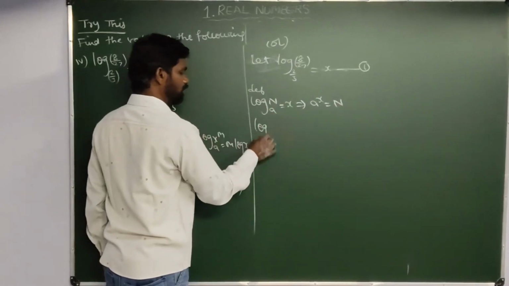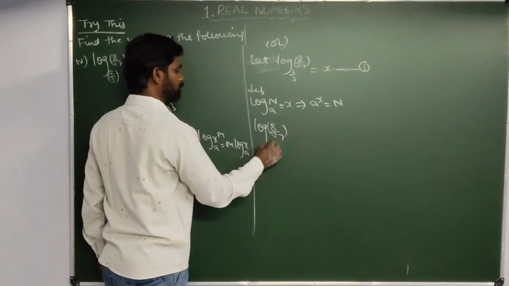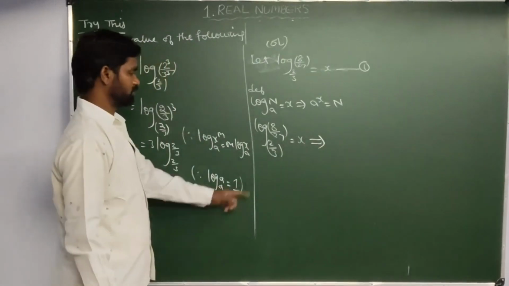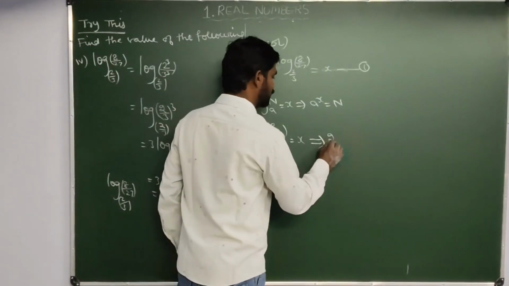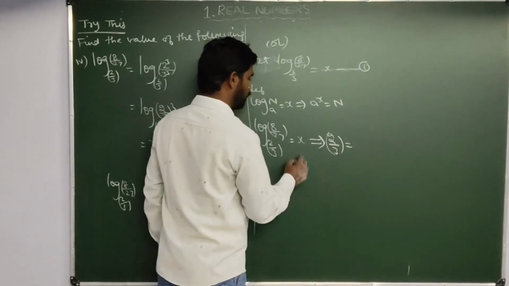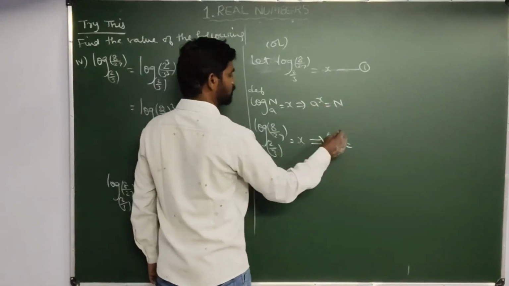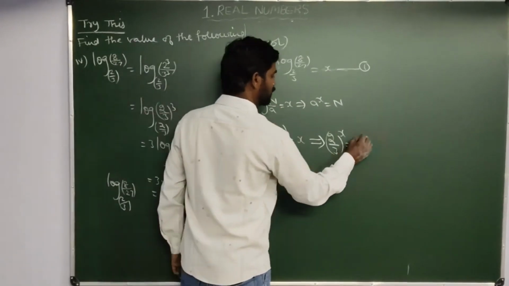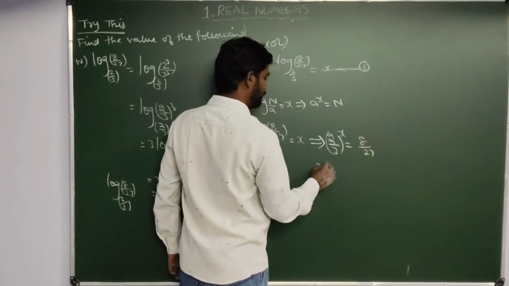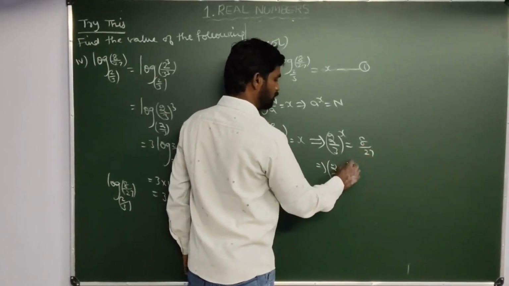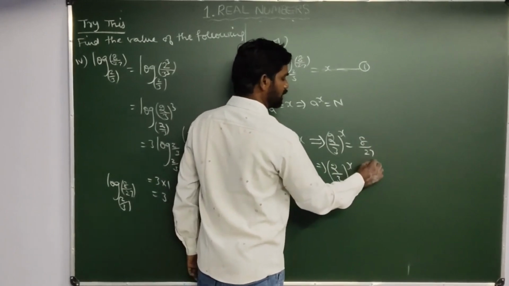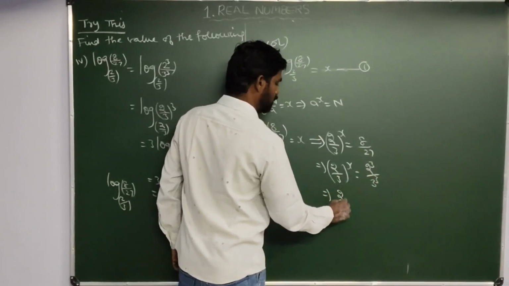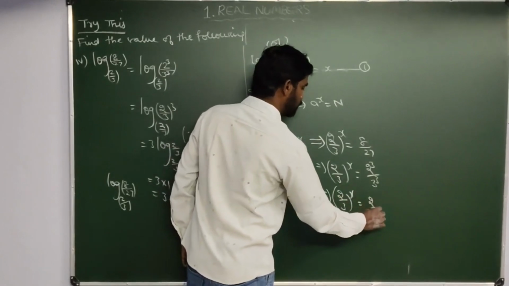So the question is log 8 by 27 base 2 by 3 equal to x, and that implies, in the place of a it is 2 by 3, so 2 by 3 power x, and in the place of n we have this 8 by 27. This implies 2 by 3 whole power x is equal to 8 by 27. We write 8 as 2 cube and 27 as 3 cube, which implies 2 by 3 whole power x is equal to 2 by 3 whole cube.